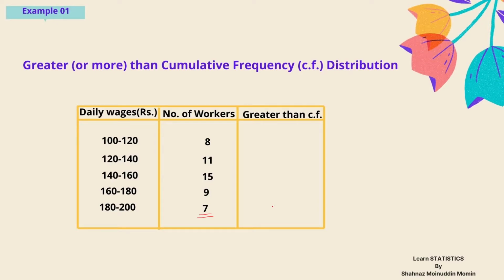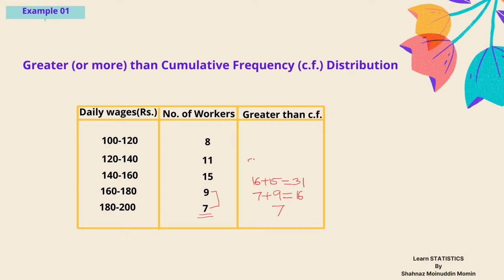Write down 7 as it is. Then add the last two values, means 7 plus 9 is equal to 16. Similarly, add the last 3, means 16 plus 15 comes out to be 31.